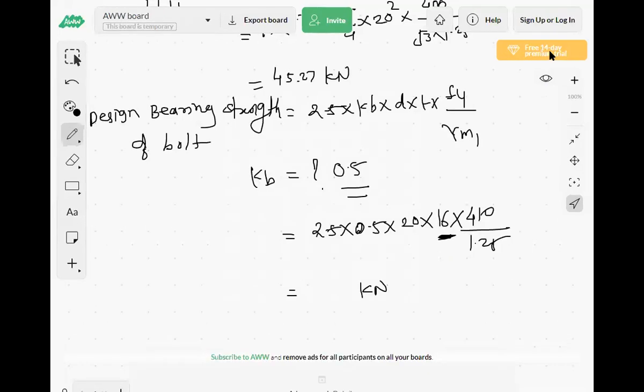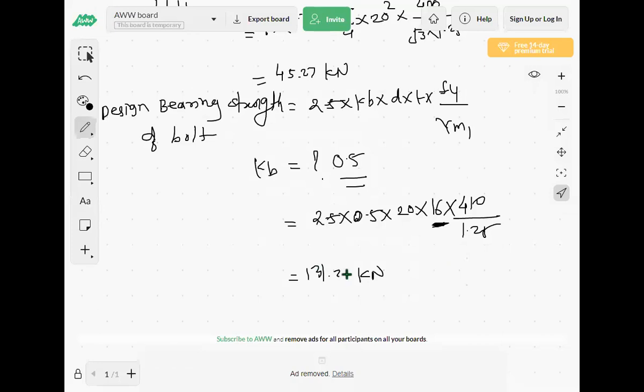Okay, 131.2. 131.20 kilonewton is the bearing strength.